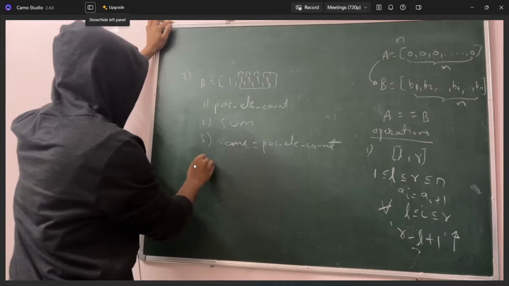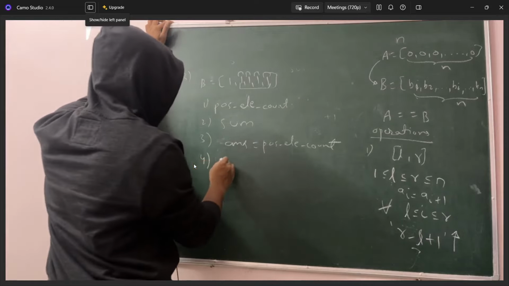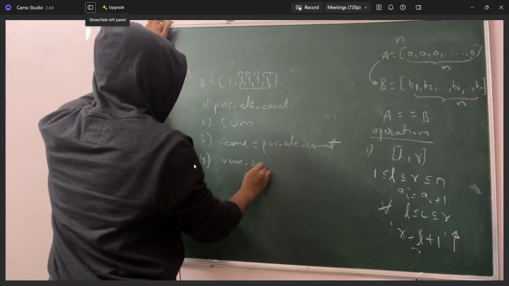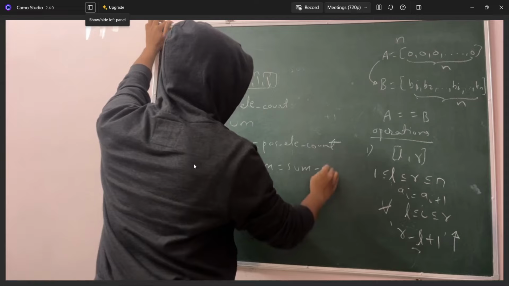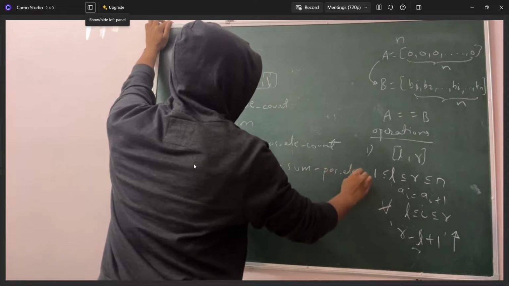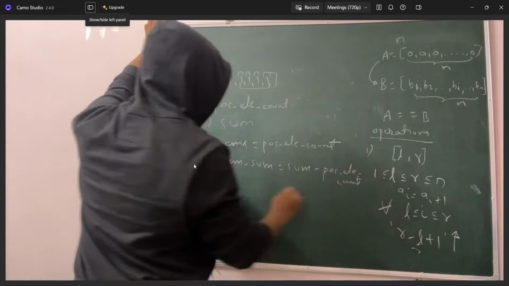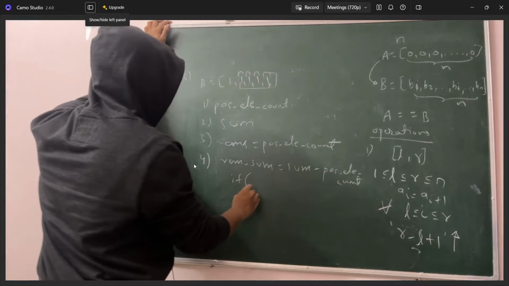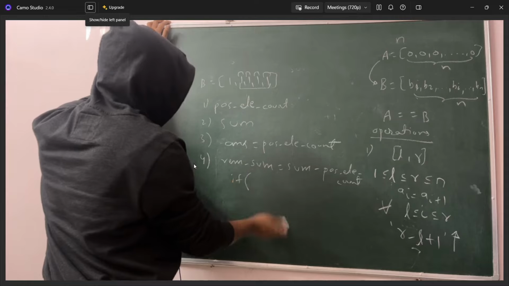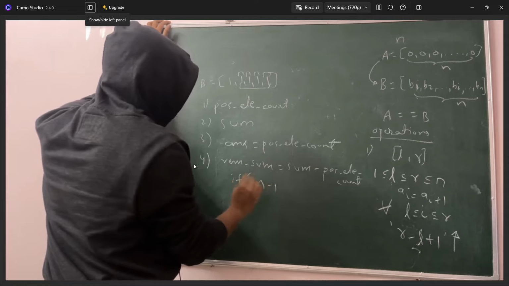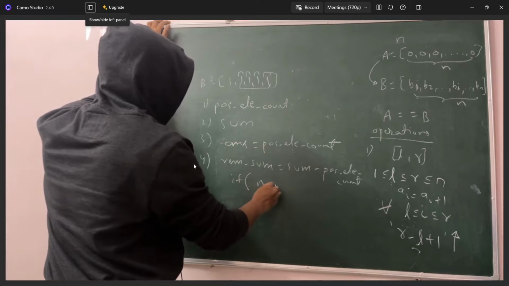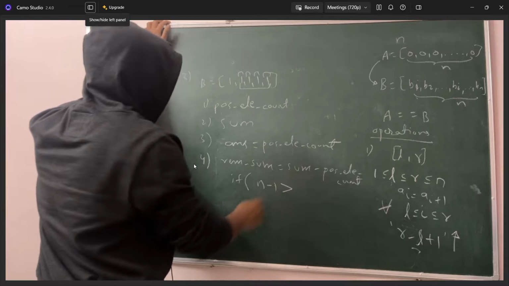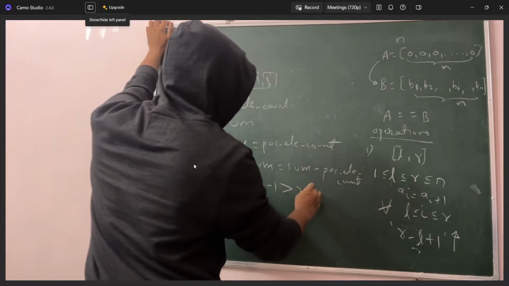Okay, and now we'll have to count the remaining sum. Remaining sum is going to be sum minus positive element count. Now you'll have to check whether the left operations, since there are n operations to be done and one operation is done here, so n minus 1 operations are left, are greater than the remaining sum.